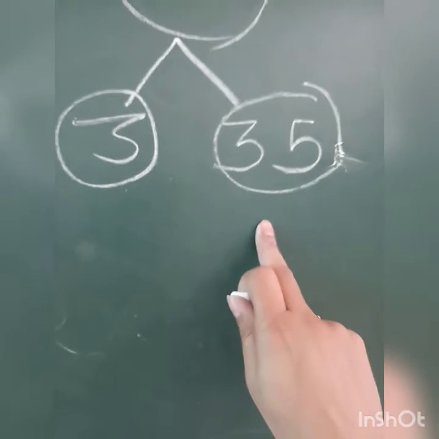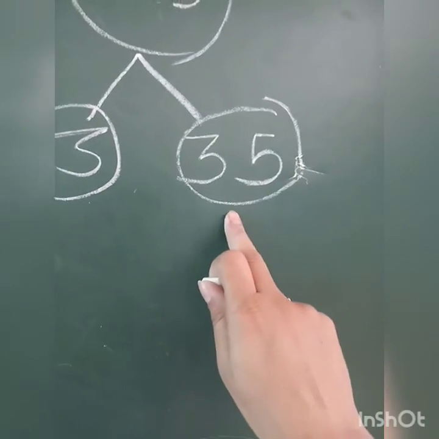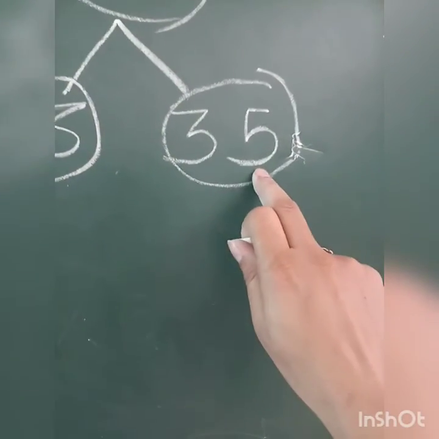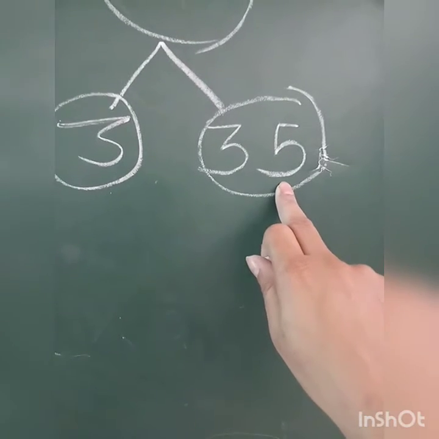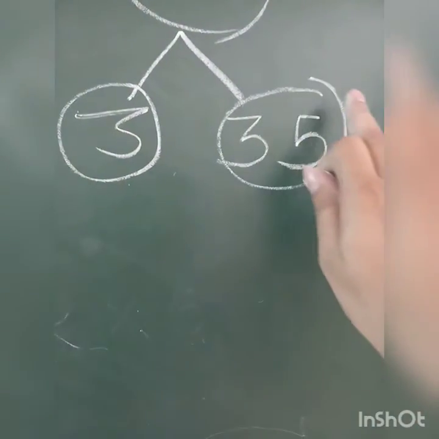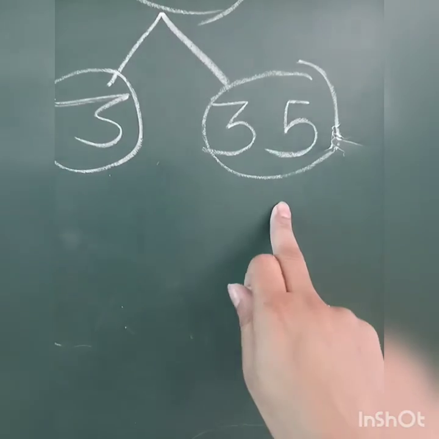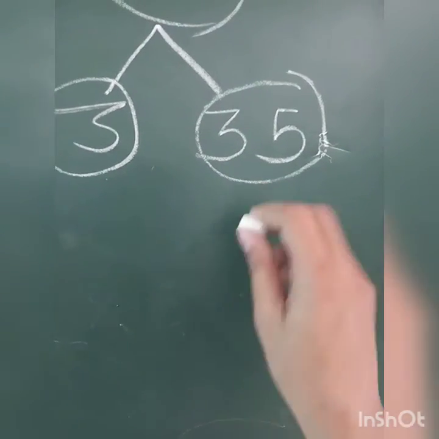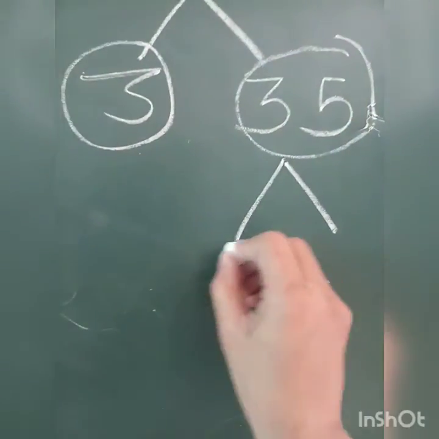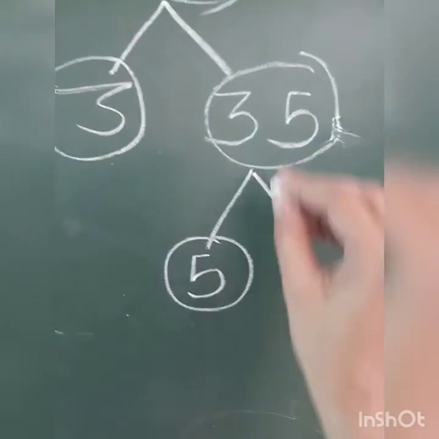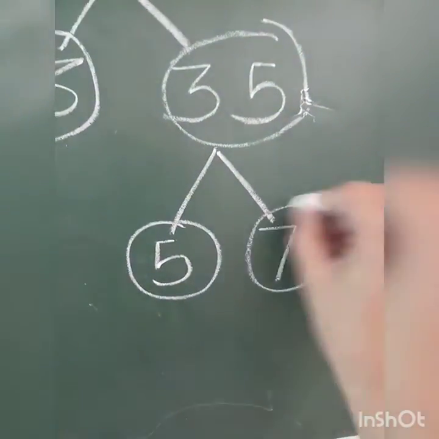Okay, so in the table of 5, here is given 5. At ones place 5 is given there, that means this 35 is completely divisible by 5. So we divide it by 5. You see, 5 7s are 35.